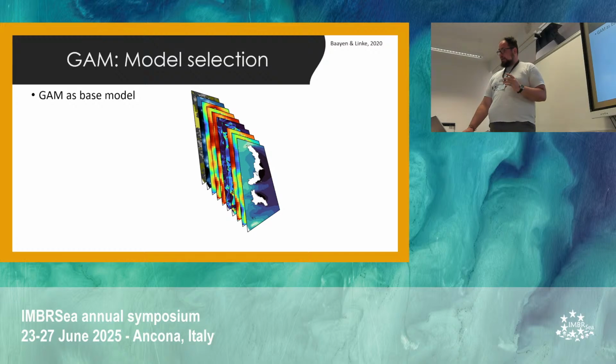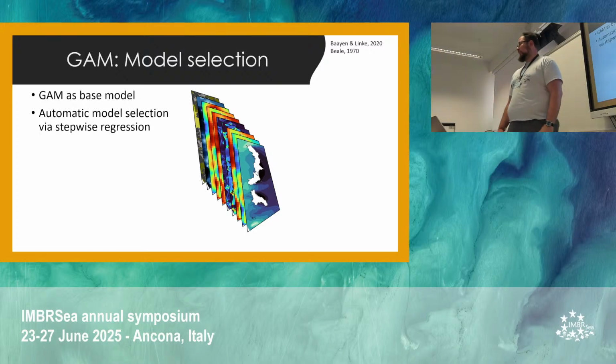This is a very common first step for constructing ensemble models. To select the correct model, I used an automatic stepwise model selection process, which takes a base model, adds or removes a variable, compares the two models for performance, keeps the better one, and then repeats this step until it cannot improve on the model anymore.